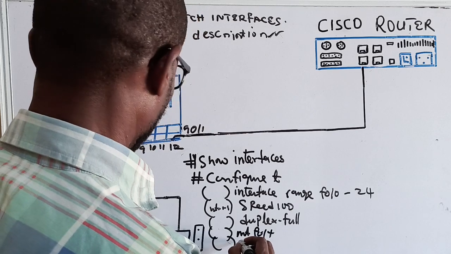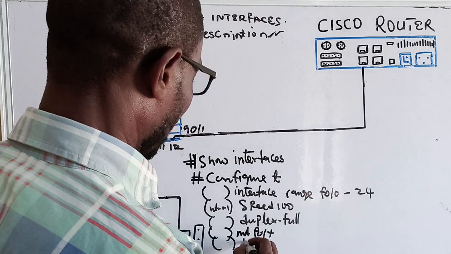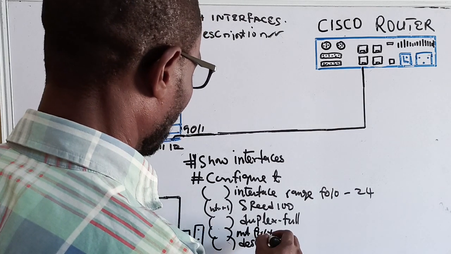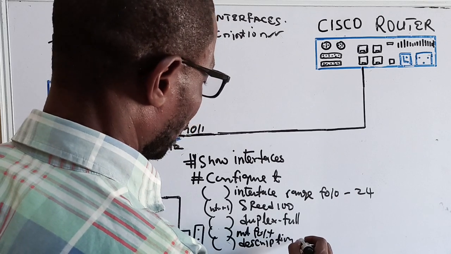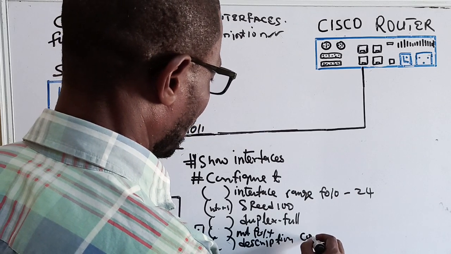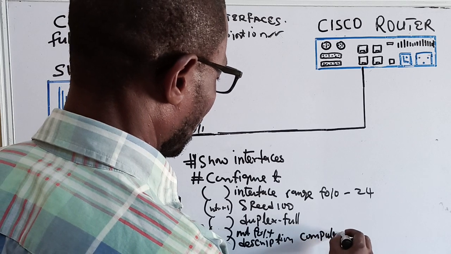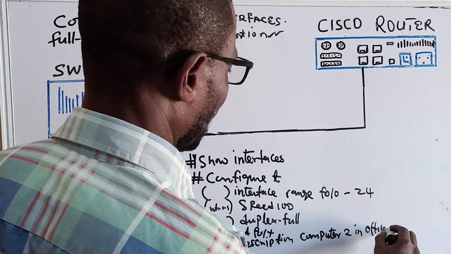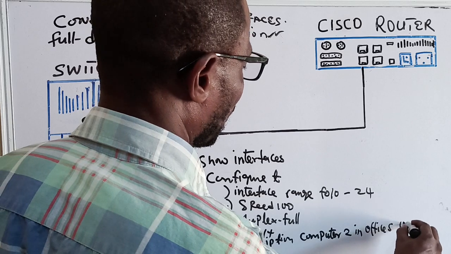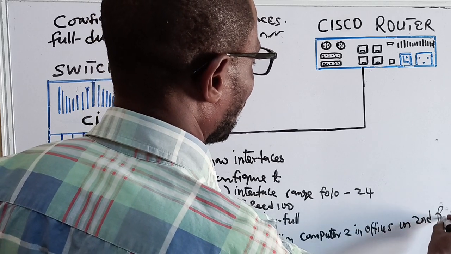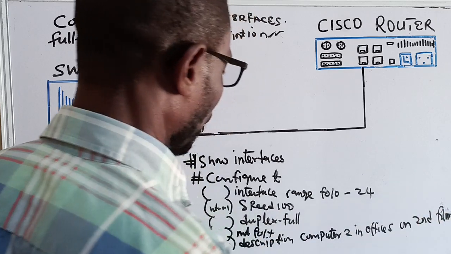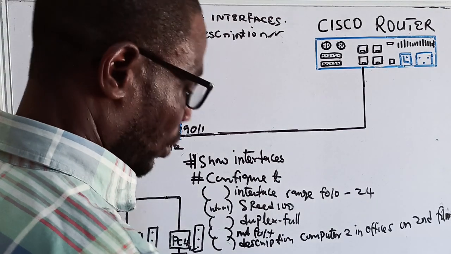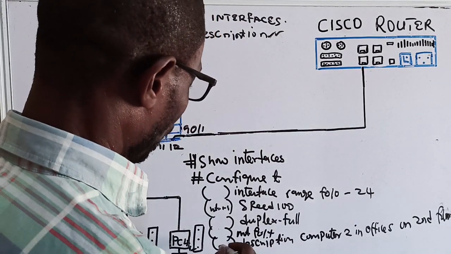Where you put description, you describe the location of that computer in the switch for easy troubleshooting. Description: computer 2 in office 5 on second floor. You hit enter. Then you press Control Z to come back to privilege mode.